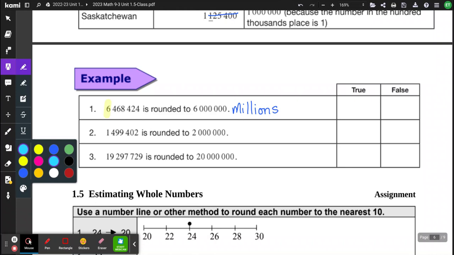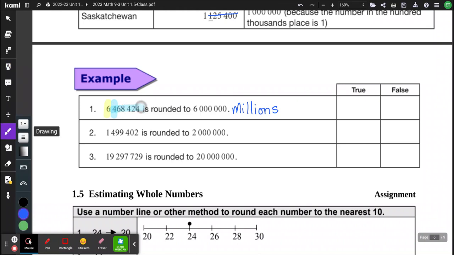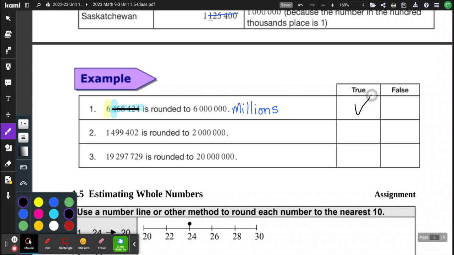Now, the number after the 6 is a 4. Does the 4 make the 6 add 1? No, it doesn't. So this guy is going to cross off. They all become zeros, which they did. So this guy is true. The 6 did not round up to a 7. It stayed a 6.